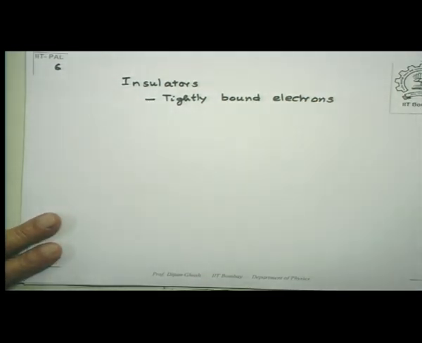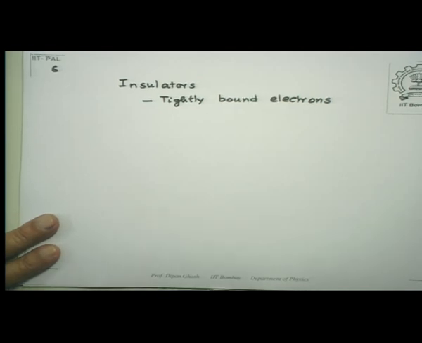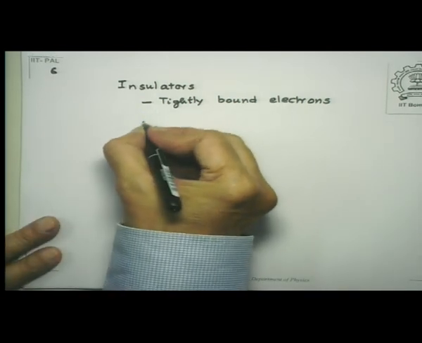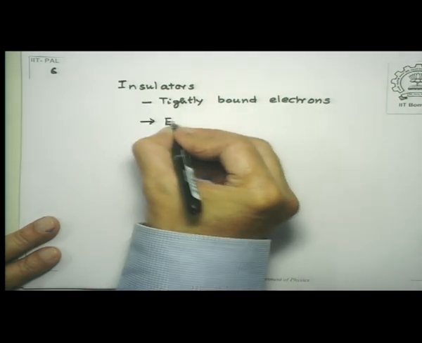Unlike in a conductor, where there cannot be an electric field inside under static conditions, in insulators a different distribution of charges occurs, and the electric field inside need not be zero.